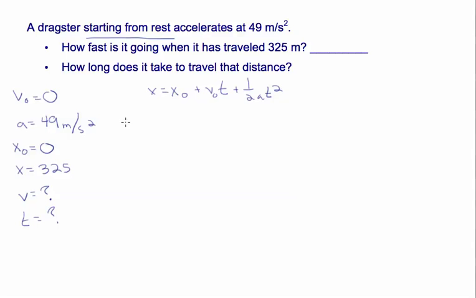So 325 meters. And this one's 0, and this one's 0. And so if we simplify this, and again, you don't have to show this step, but I'm going to. We can drop all those zeros and say 24.5.